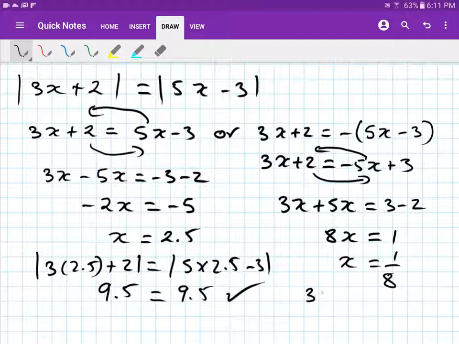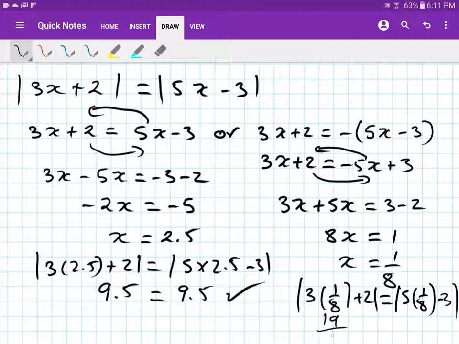That gives me 3 lots of 1 over 8 plus 2, absolute value, which is the same as absolute value of 5 lots of 1 over 8 minus 3. So you get 19 over 8, and the right hand side is also 19 over 8. So both are equal to 19 over 8. You can see they are the same.